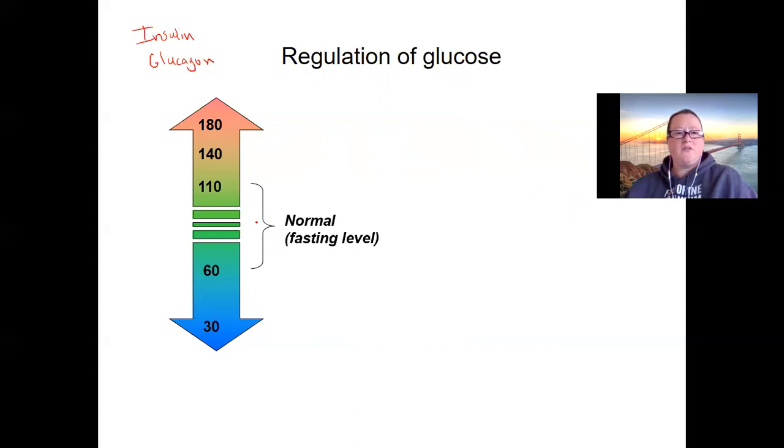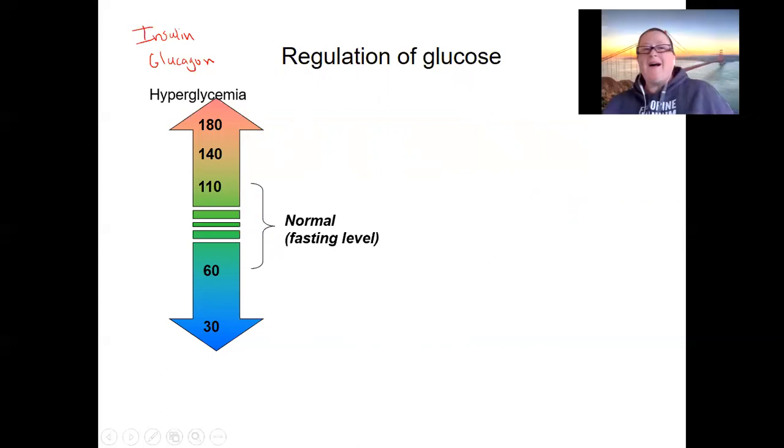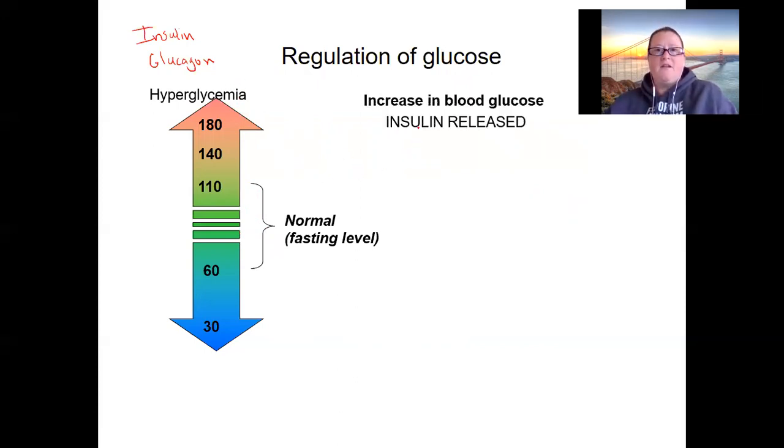It depends on the source, and you're going to see different numbers for this. If our blood glucose levels get too high, it's called hyperglycemia. We get an increase in blood glucose, so we have too much glucose in our blood. This is lots of glucose.